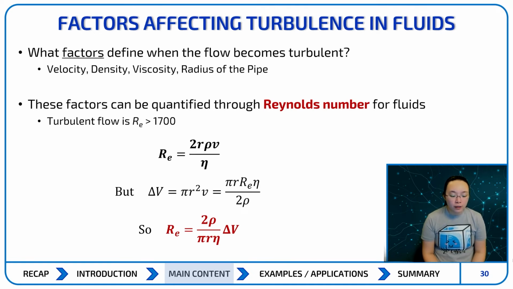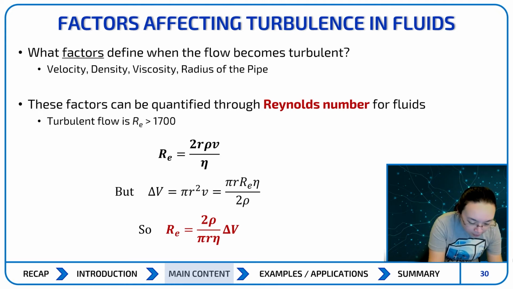Essentially, you start off with the Reynolds number being 2r rho v over eta, but we know that delta V, the change in volume, is equal to pi r squared times v. And so combining that together, we get pi r times the Reynolds number times eta divided by 2 rho. So we've replaced v with a rearrangement of the first equation.